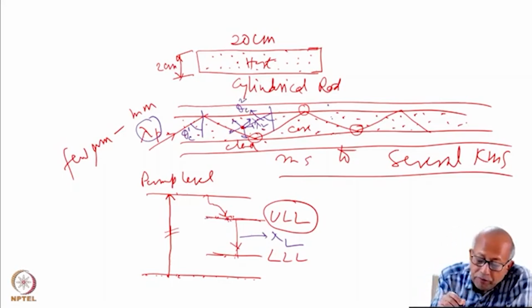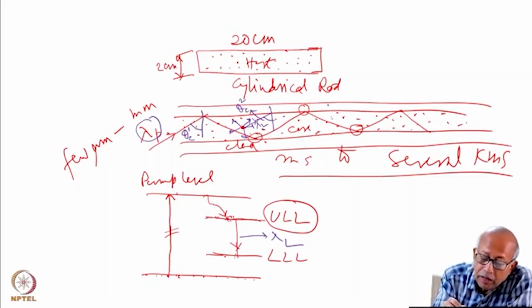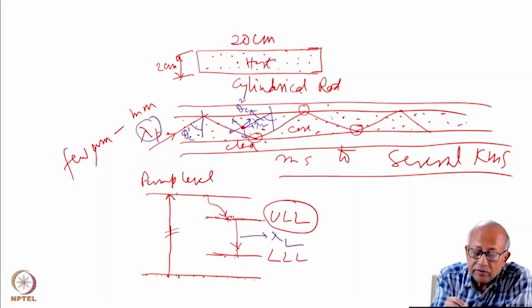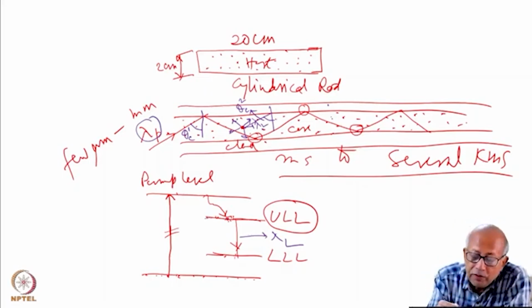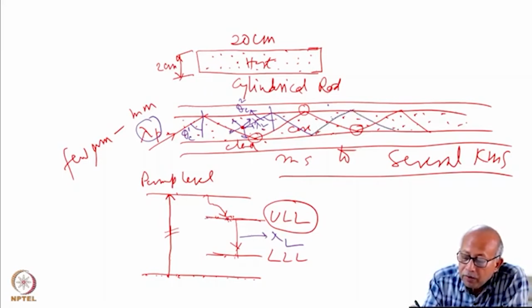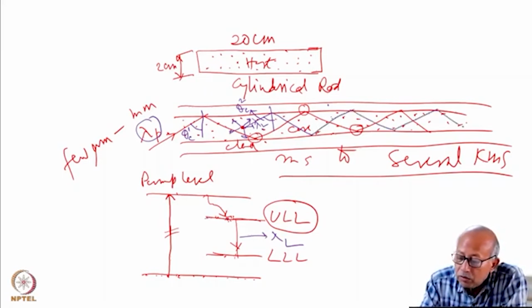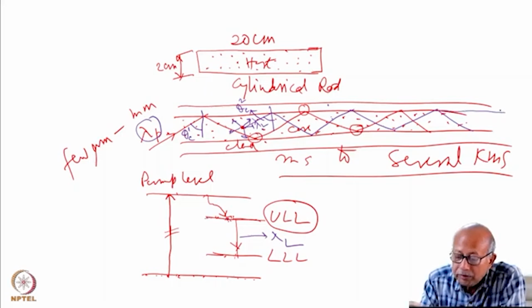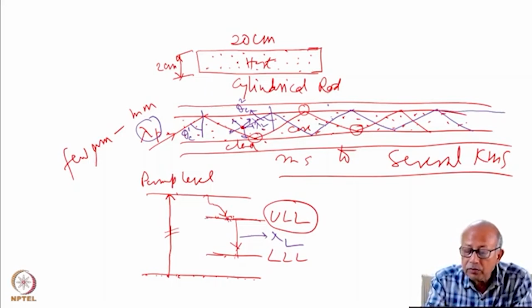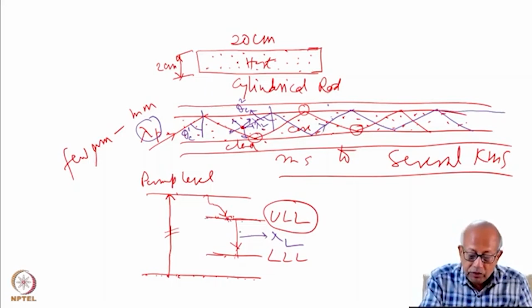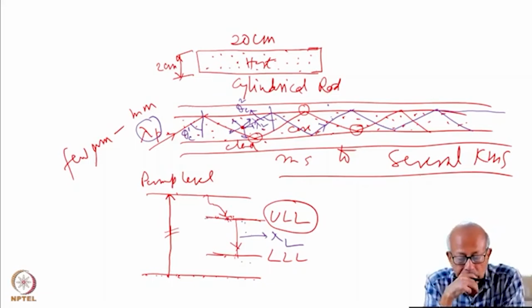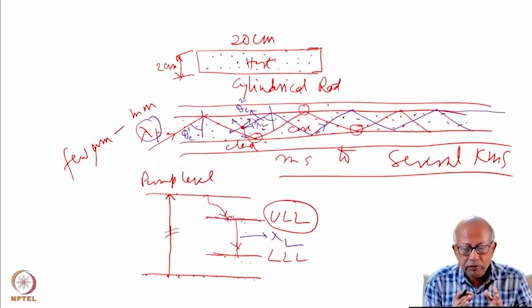So now if this angle of incidence exceeds theta c2, then this will again undergo total internal reflection as it travels down this core. But this is the spontaneous light emitted from this transition. So what has happened?